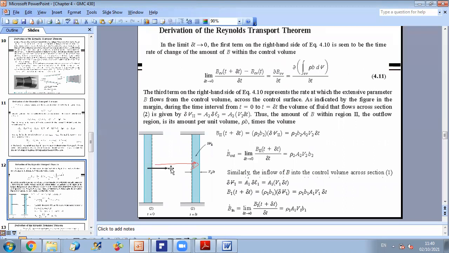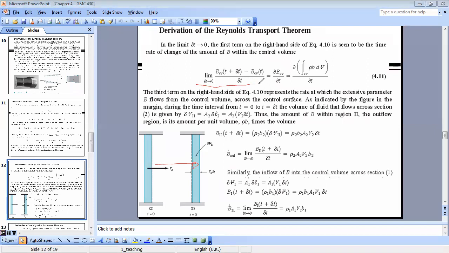So now, if we just look at our terms, we will see how to do the interpretation of the terms of what is coming in and getting out. Okay. So as we said, for the first term, we consider a very small time delta t. So the first term, B of the control volume at t plus delta t minus B of the control volume at t, over delta t, represents the variation of any property B within the control volume.